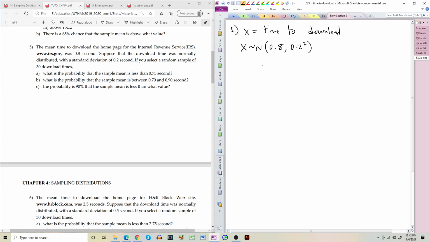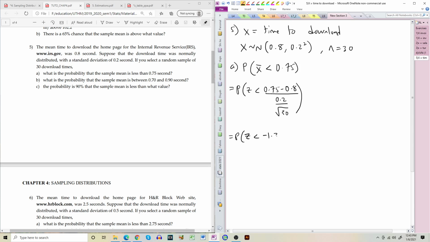If you select a random sample of 30 download times, so A is, what is the probability the sample mean is less than, you get 0.0853.